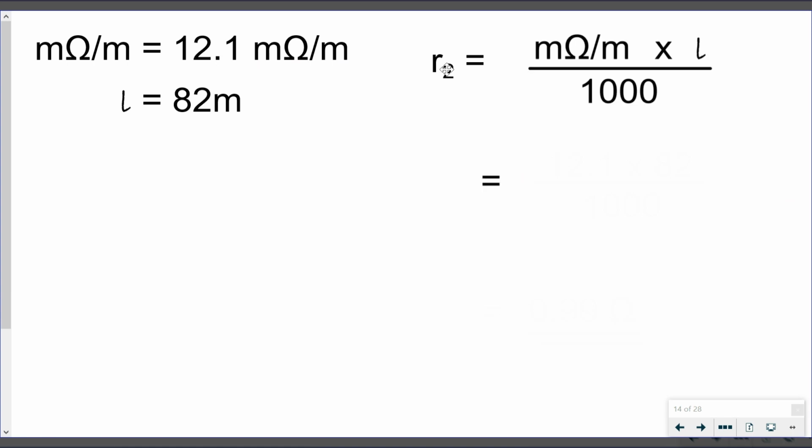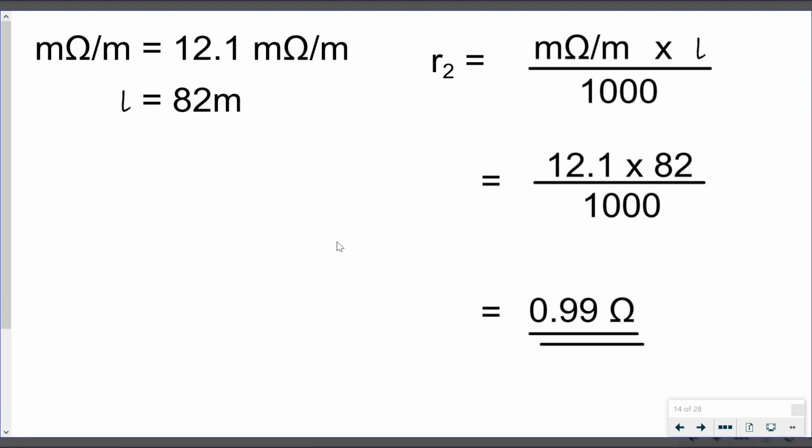This time we're looking for the little r2 value. So 12.1 times the 82 meters divided by 1,000 gives us an expected little r2, that's end-to-end loop, of 0.99 ohms.